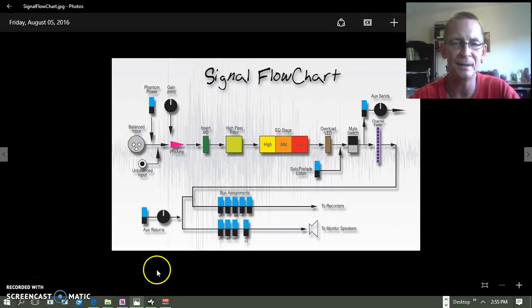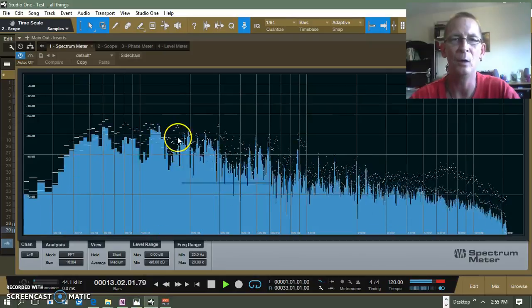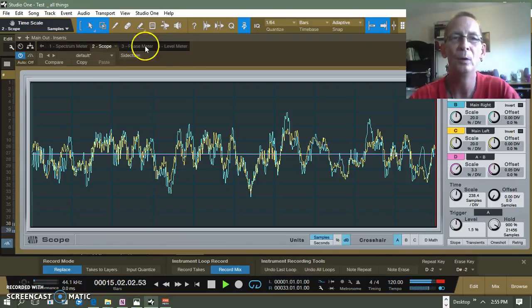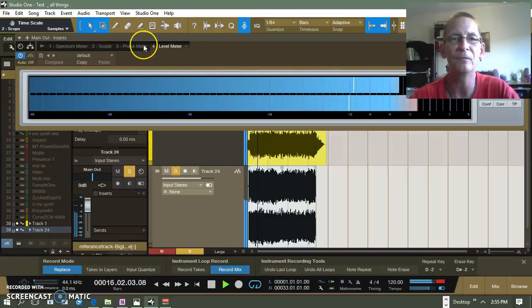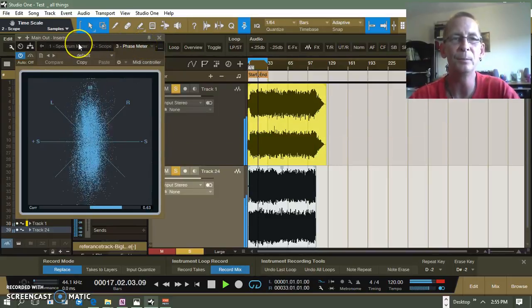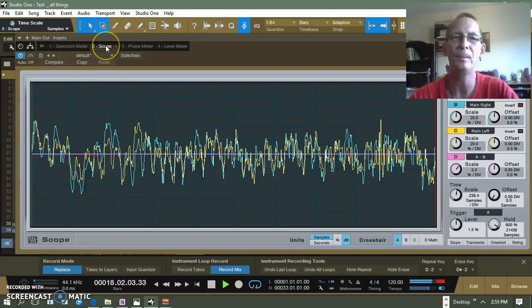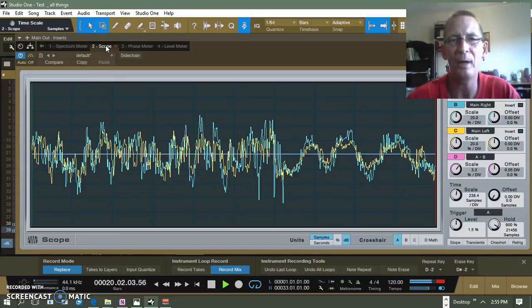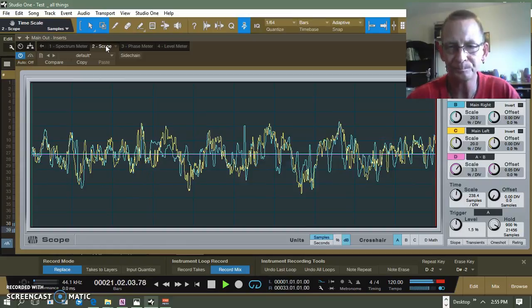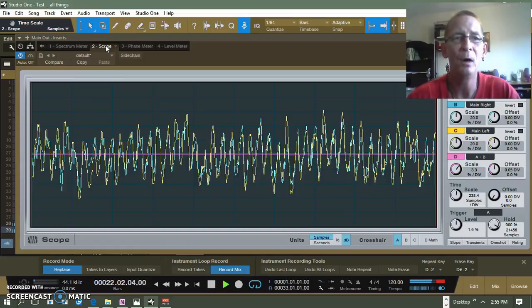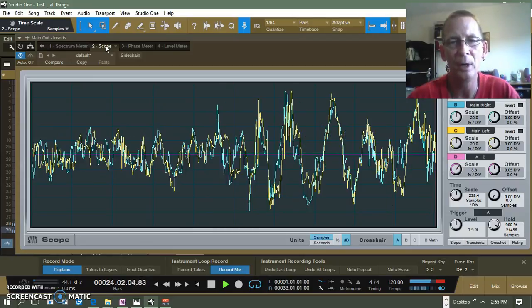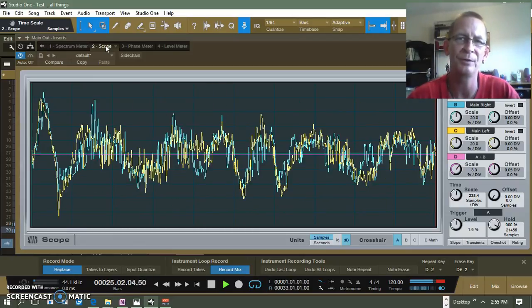To test these things, tools like a spectrometer, a scope, a level meter, and a phase meter are simple tools to help you pinpoint issues and what is happening to the signal as it goes along your path. That's another aspect of why you want to understand signal flow: to find what the issues are, not just to understand what's happening to it.